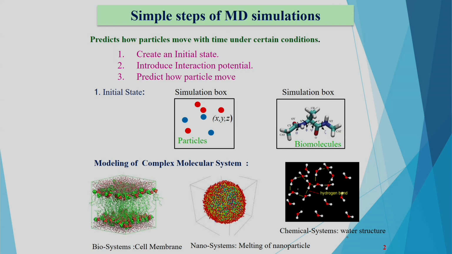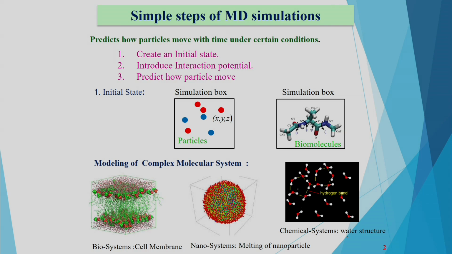So, what we do is that we create an initial state, then we introduce an interaction potential, or there could be an external potential as well, and then we predict how the particles move according to certain algorithm. And we have seen that we have used this Verlet algorithm. So, let us say that the initial state, there are a variety of situations, they are shown as this, the simulation box in the first one, where there are red particles and blue particles and their coordinates are represented by x, y and z.